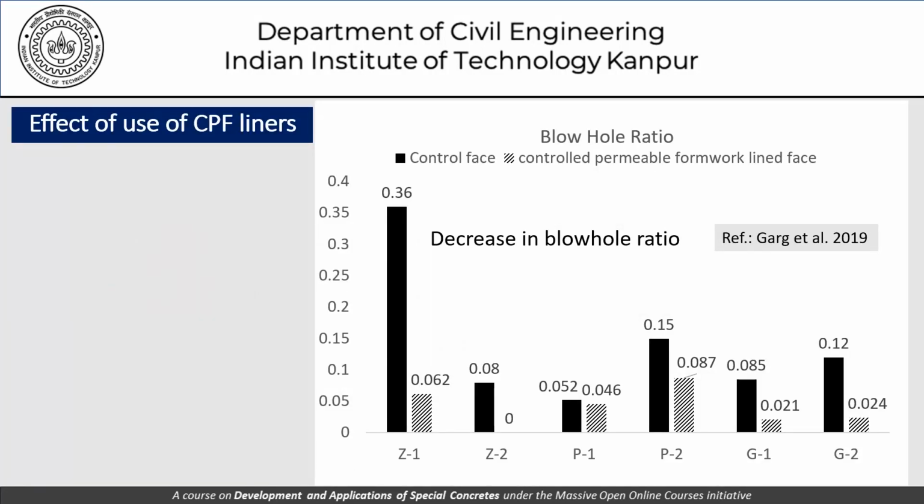As we can see here, the blowhole ratio is much lower in the case of CPF liners. In fact, it is 0 here, and this is yet another piece of evidence to show how the CPF liners can be very effective in improving the properties of the near surface concrete.